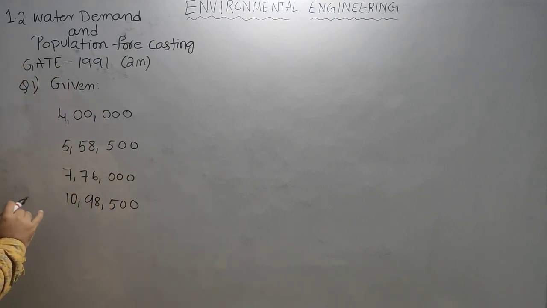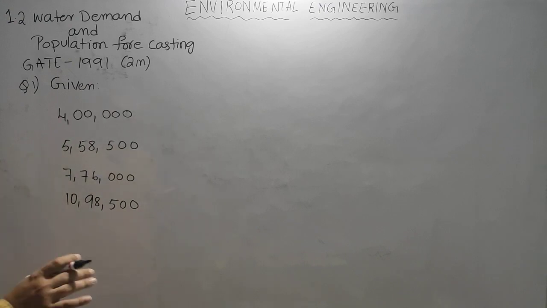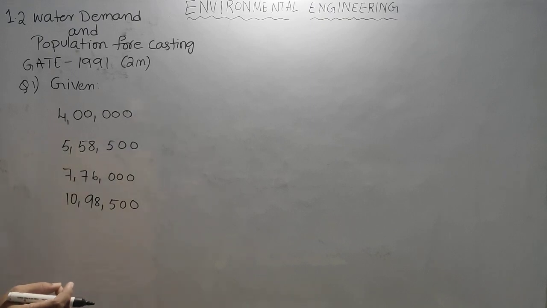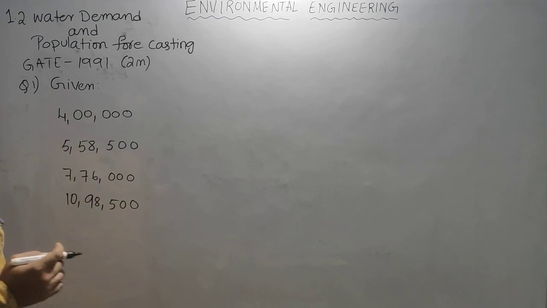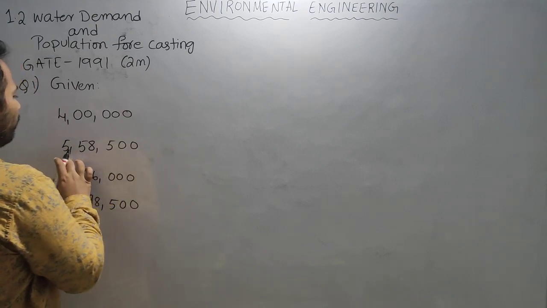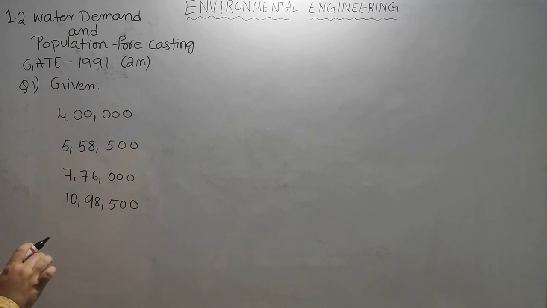First and foremost, in this question no method was mentioned. He didn't tell you to do it with the arithmetic increase method, geometric increase method or incremental increase method; nothing was specified. So we need to identify which method suits this kind of growth. So 5 lakh 58,500 minus 4 lakh is 1 lakh 58,500.